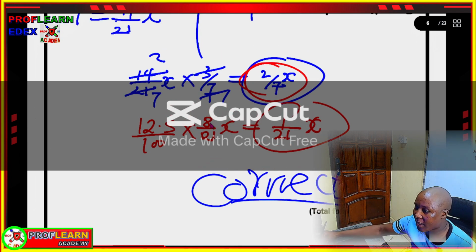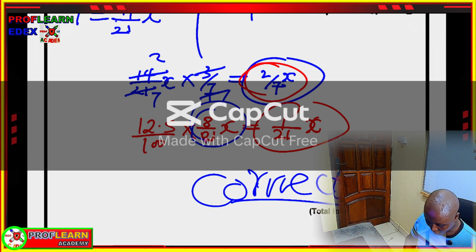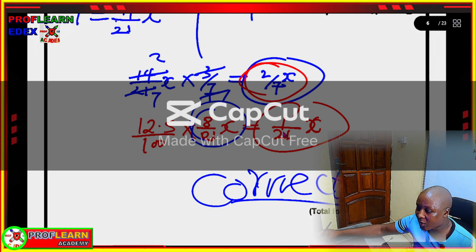Tina was remaining with 8 over 21, and if she gives 1 over 21 of that to Luke, Tina is going to remain with 8 over 21 x minus 1 over 21 of x.